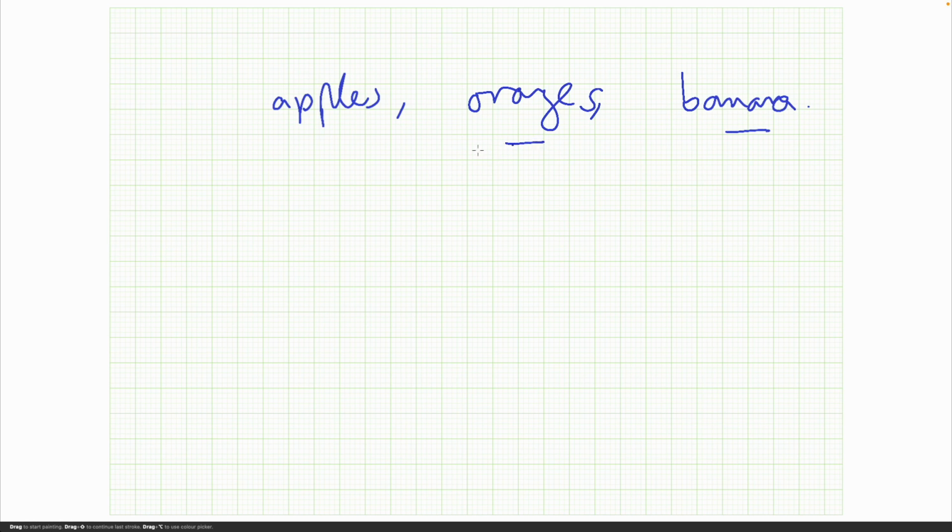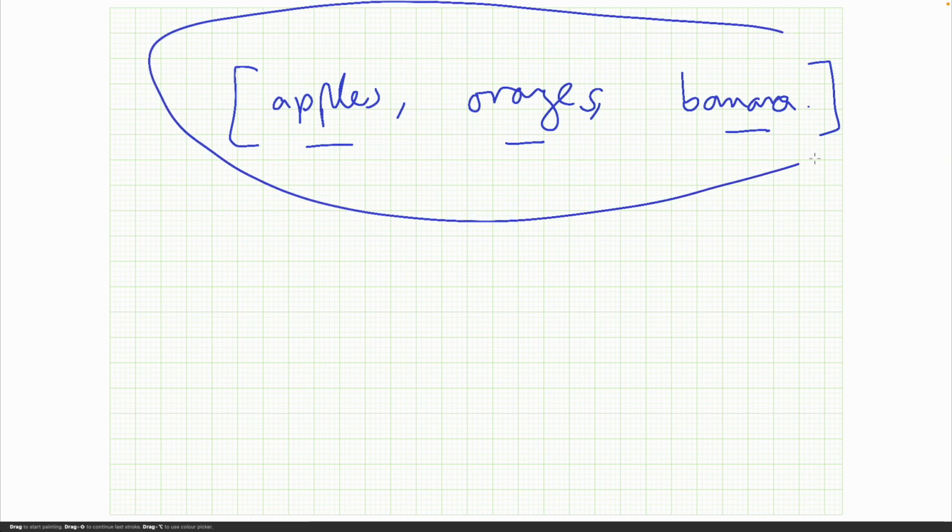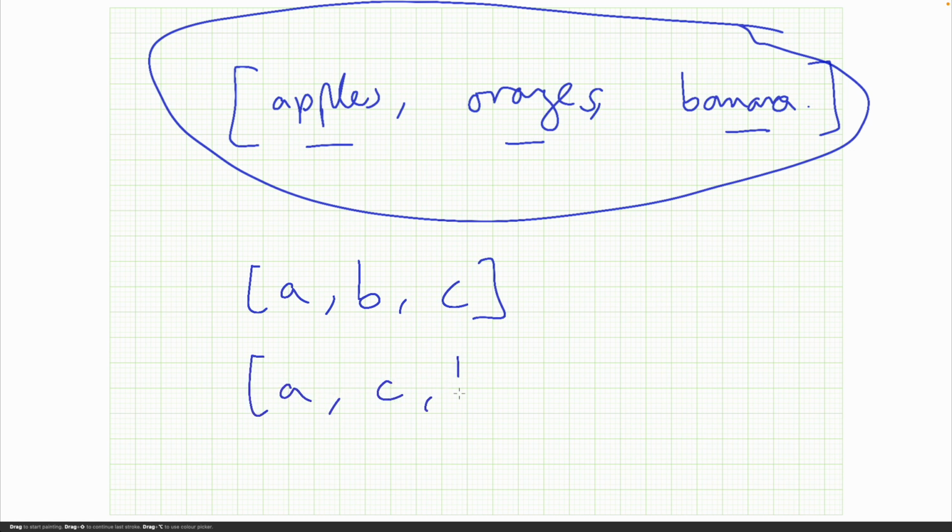These are three things. To make a list out of them, we put them in square brackets. Different languages will have a different way of doing that. In Prolog, it's square brackets. So this immediately tells Prolog that this is one list, and it consists of three things: apples, oranges, banana. And the thing about lists is that if we have three things here, if I change the order, A, C, B, that's not the same.